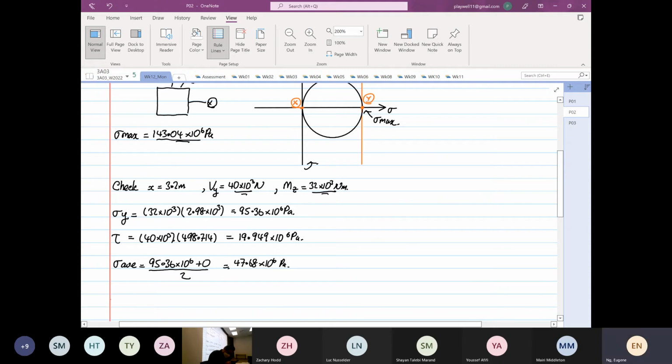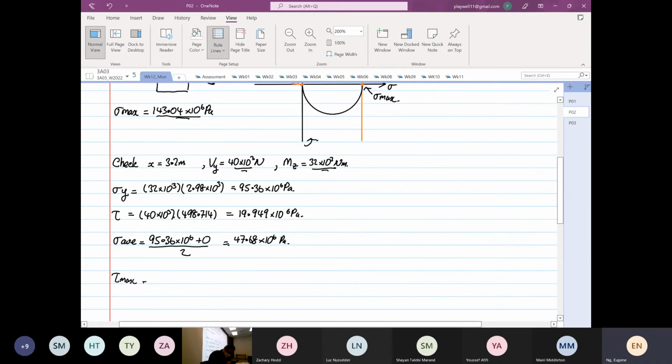And then we find our tau max, which will be equal to the square root of 47.68 times 10 to the power 6 squared, plus 19.949 times 10 to the power 6 squared.